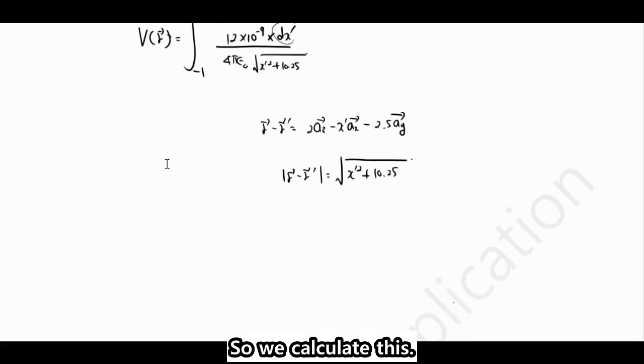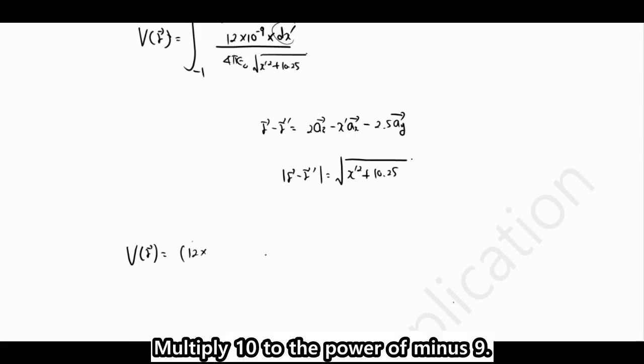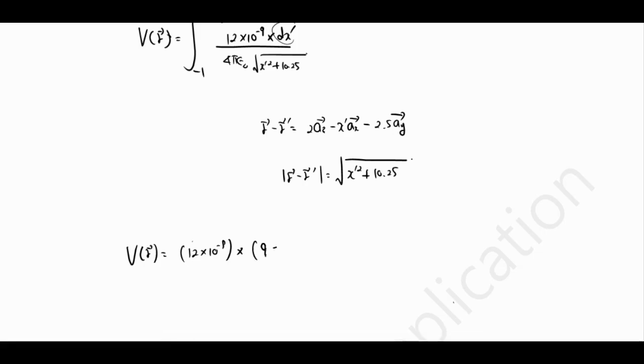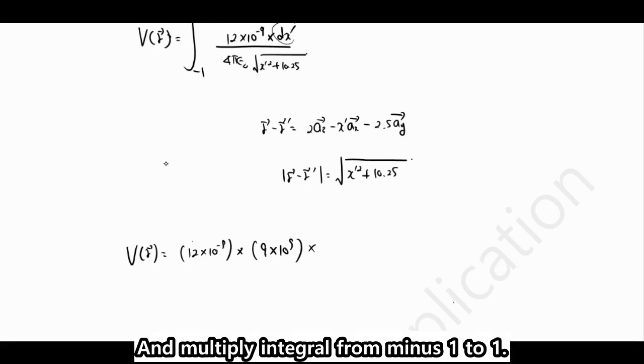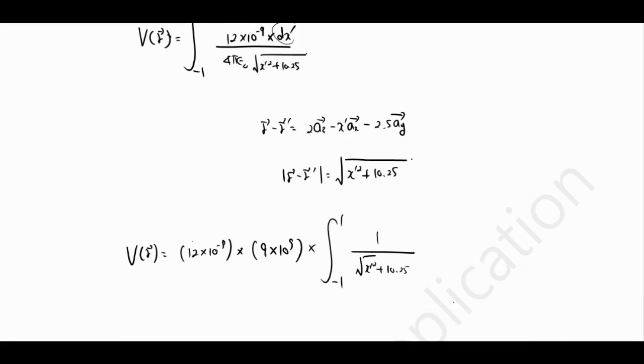So we calculate this. This is 12 multiplied by 10 to the power of minus 9, multiplied by 1 over 4 pi epsilon 0, which is 9 multiplied by 10 to the power of 9, and multiplied by the integral from minus 1 to 1 of 1 over square root of x prime square plus 10.25 dx prime.